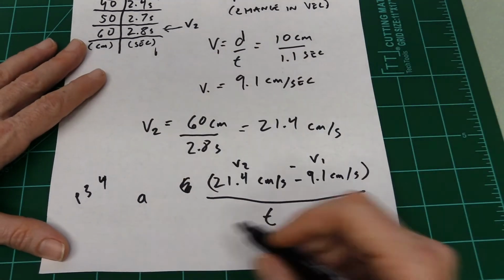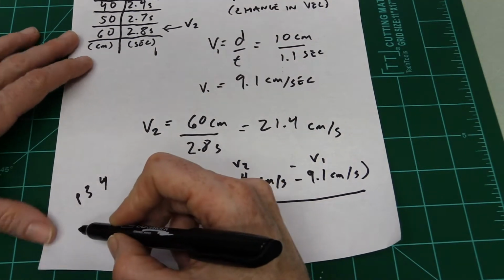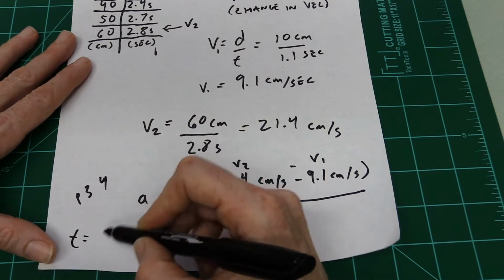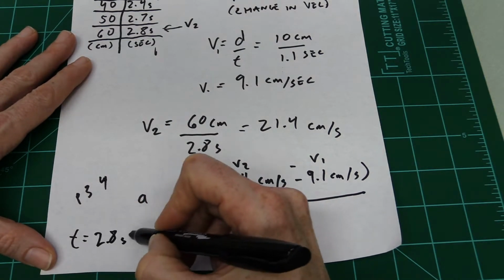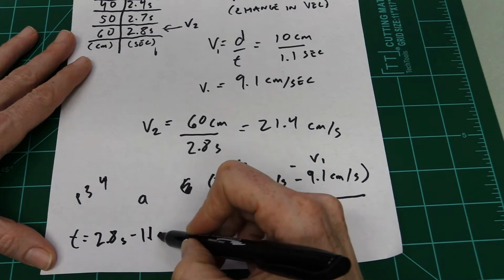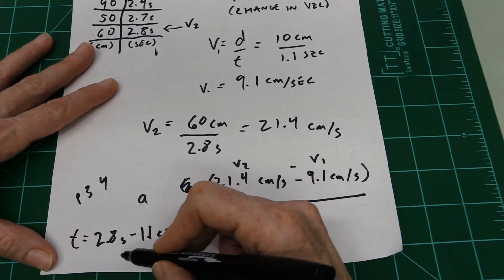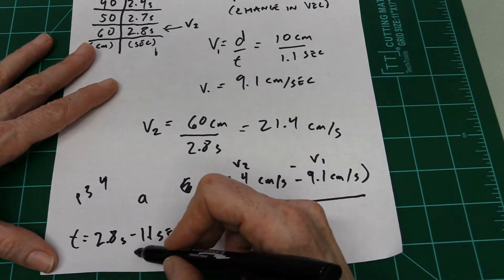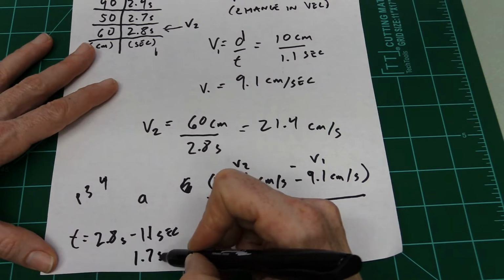So time is equal to 2.8 seconds minus 1.1 seconds, which gives us 1.7 seconds.